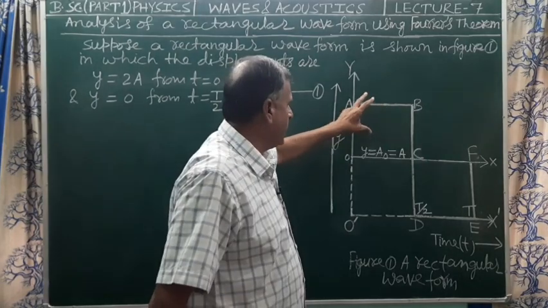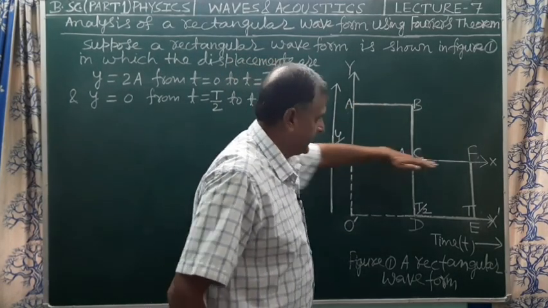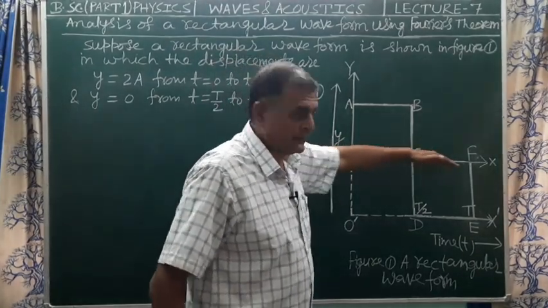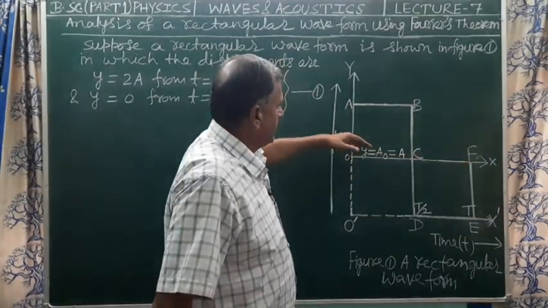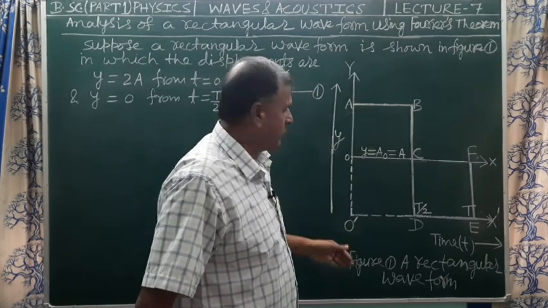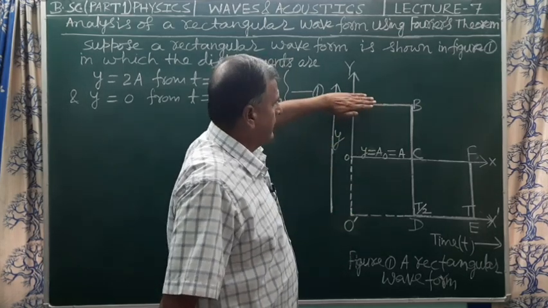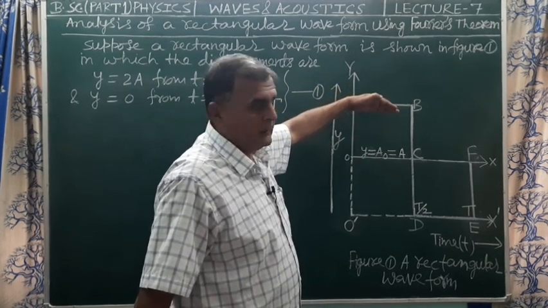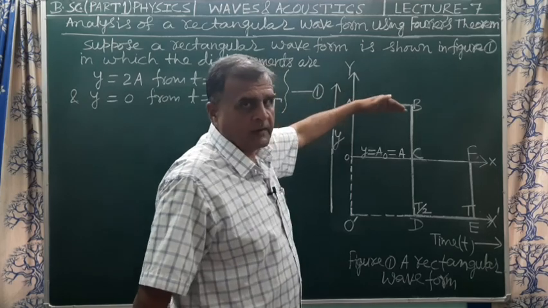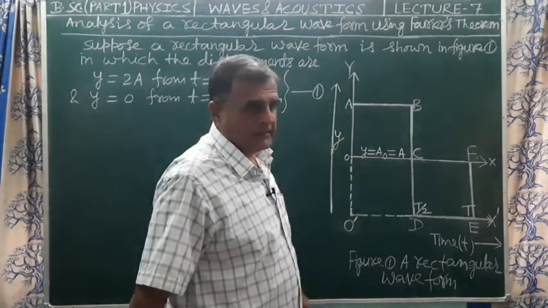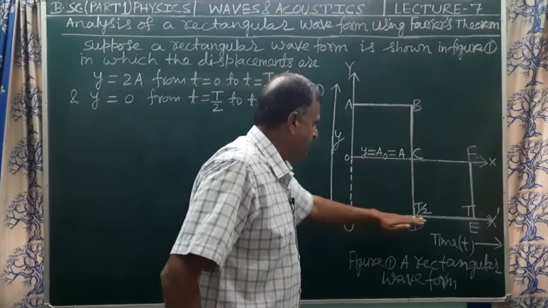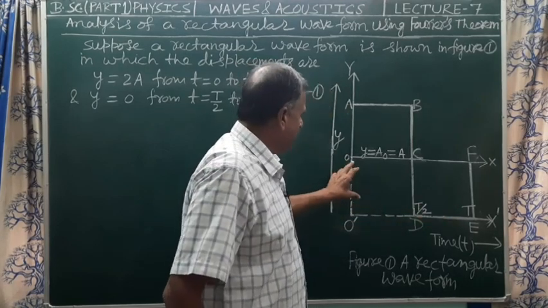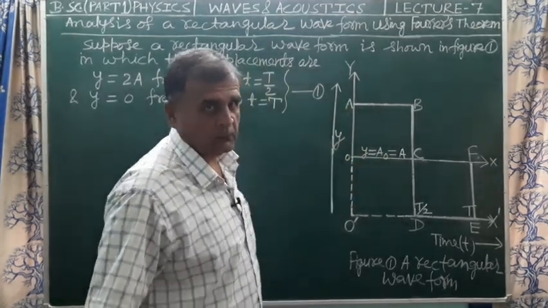The displacement of AB from this line OX, which is the x-axis of the waveform, is also equal to capital A. So the total displacement of the uppermost part of the rectangular waveform AB from the time axis, that is from the O dash X dash axis, is capital A plus capital A, that is 2A.